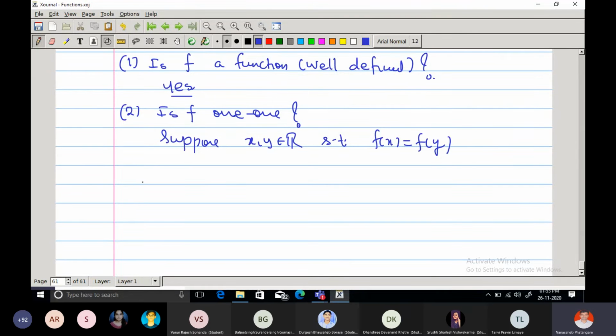Then what do we expect? Suppose the images are the same. For one-one-ness, we expect that the pre-images are also equal, that is, x is the same as y. So let us check whether the pre-images are the same or not.